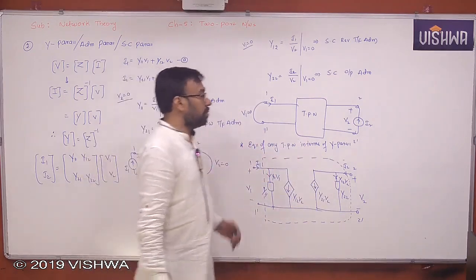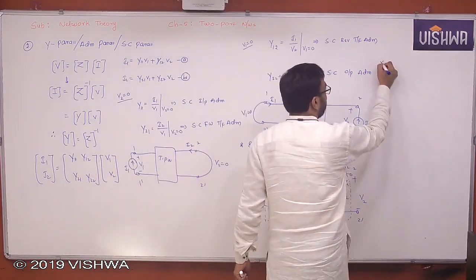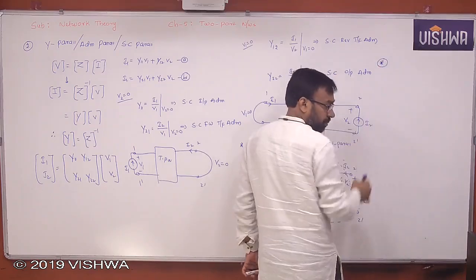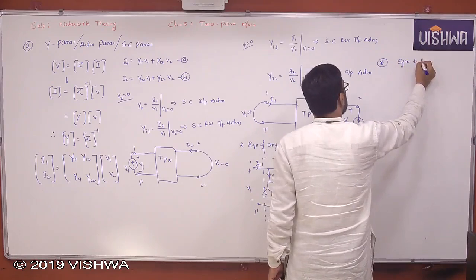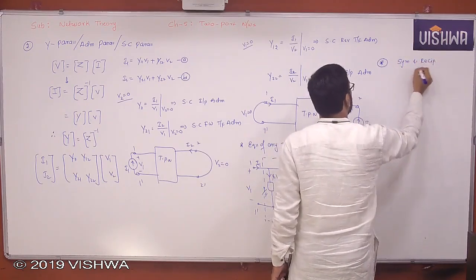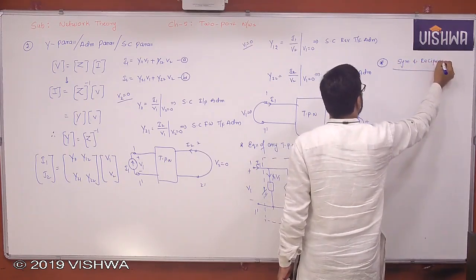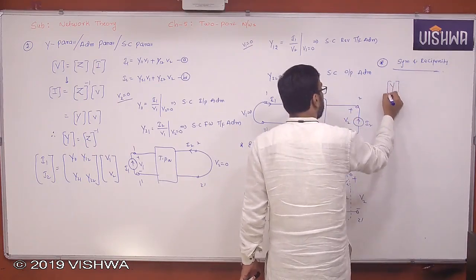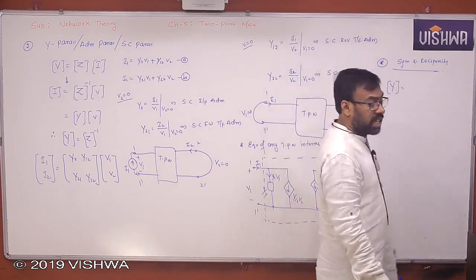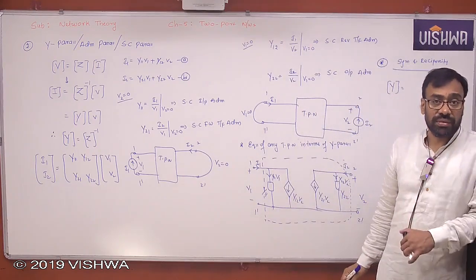Okay. Now, the condition for symmetry and the condition for reciprocity. You know that in Z parameters, you know the condition for symmetry and the condition for reciprocity.